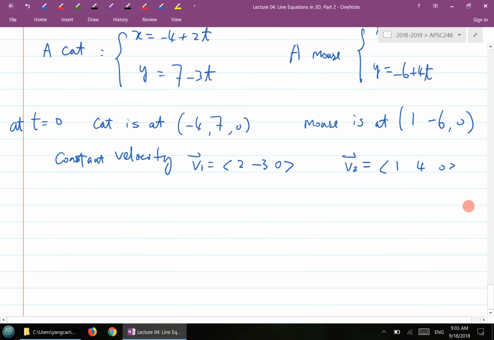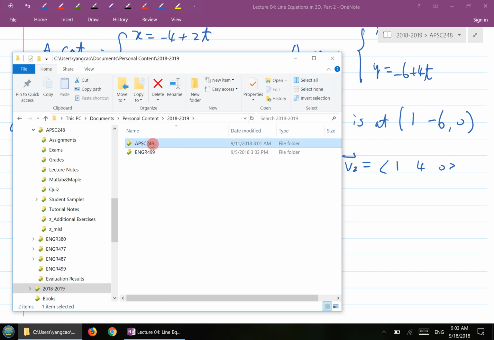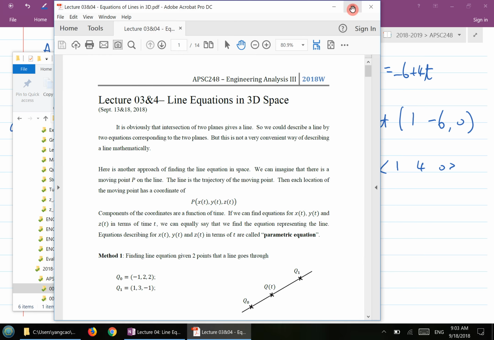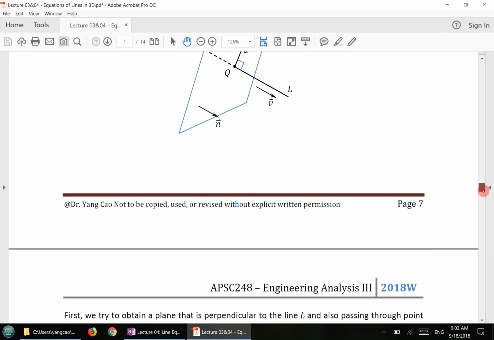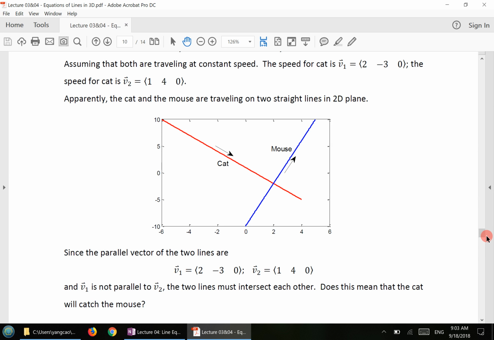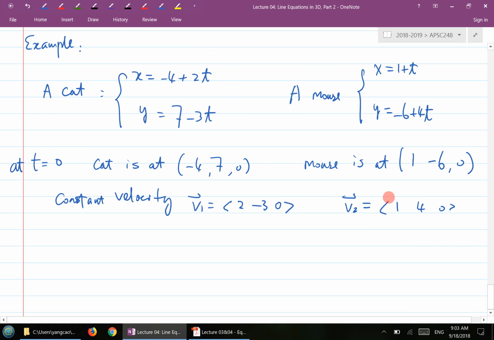I have a drawing here just to help with the understanding. So what do we mean by catch? If I draw the line out, the trajectories given here are just x and y, so basically they are all in the xy plane.